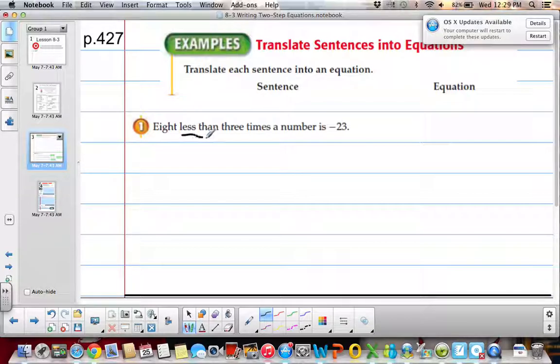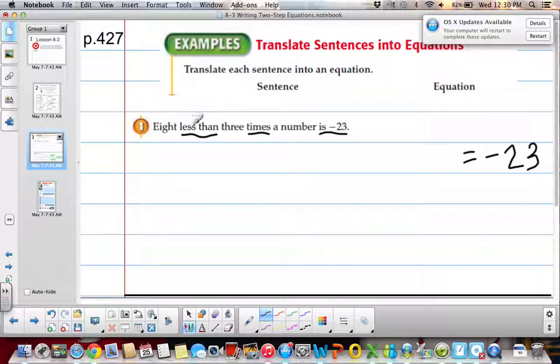So we have less than, we have 3 times a number, and we have is negative 23, so we know that that's going to go with our equal sign. Since I know that right there, I'm just going to right away make my equation. So whatever this is equals negative 23.